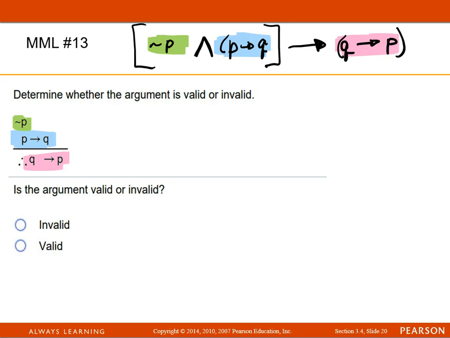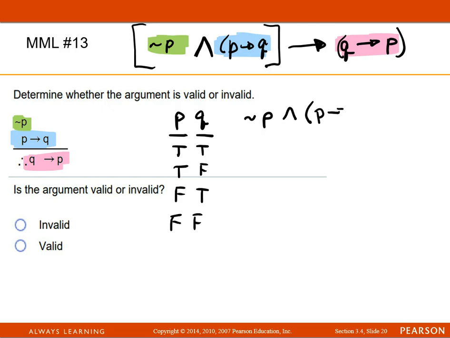So I need to make a truth table of that, and I only have the 2 statements P and Q, so I'm going to start with P and Q, and remember that goes true, true, true, false, false, true, false, false. And then I'll have the negation of P and if P then Q. Those are my premises.